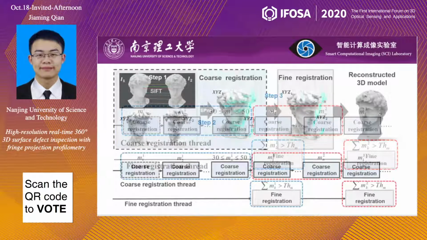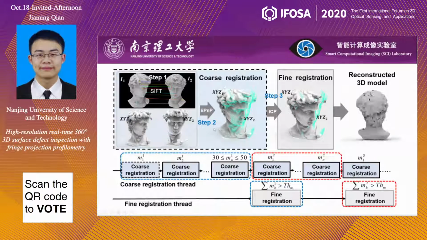The whole process of our real-time 3D model reconstruction method can be shown in this figure. We first use SIFT to find 2D matching points. With their corresponding 3D points, we can realize coarse registration. Then we quantify the motion value of the object.